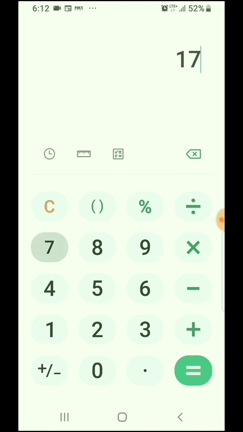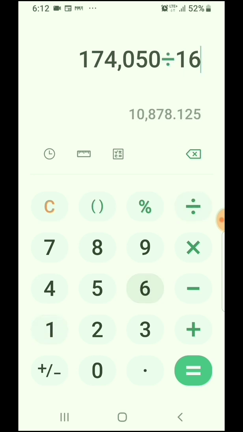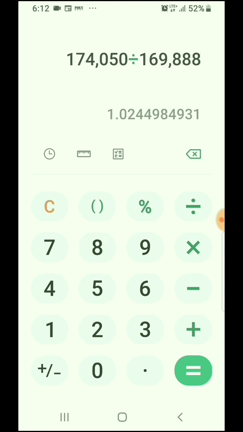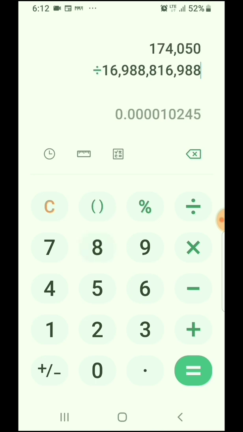So 174,050 divided by 169,888. That gives me 2.44 or 2.49%. That will be my gain when this order fills. Now 1% would be, let's see, 169,888. Actually, let me clear that out first.